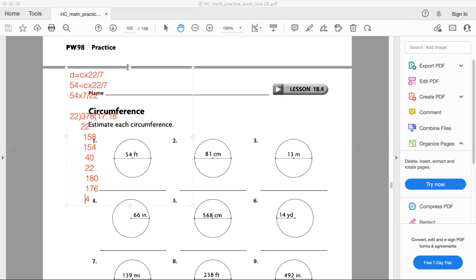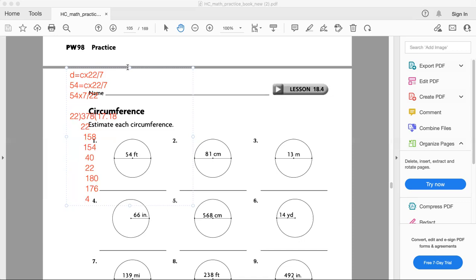22 times 2 is 44. That is larger than 40. So we have to divide it by 1. So 22 multiplied by 1 is 22 and the remainder is 18. Then a 0 comes and it is 180.